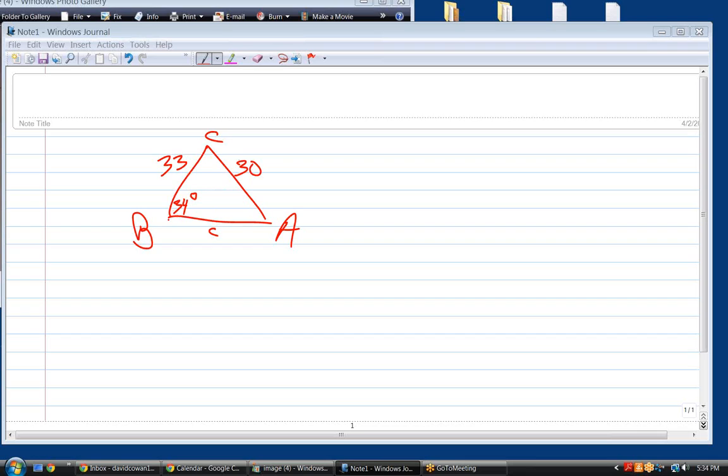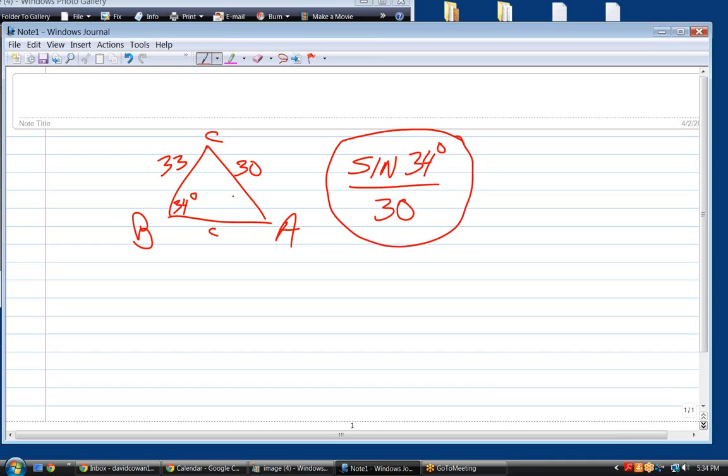As long as we have the relationship between an angle and its opposite side, then we can always use the law of sines. So we have the sine of 34 degrees is to 30. That is a fixed relationship for this whole triangle. It's going to apply to angle A, and also to angle C and side C.